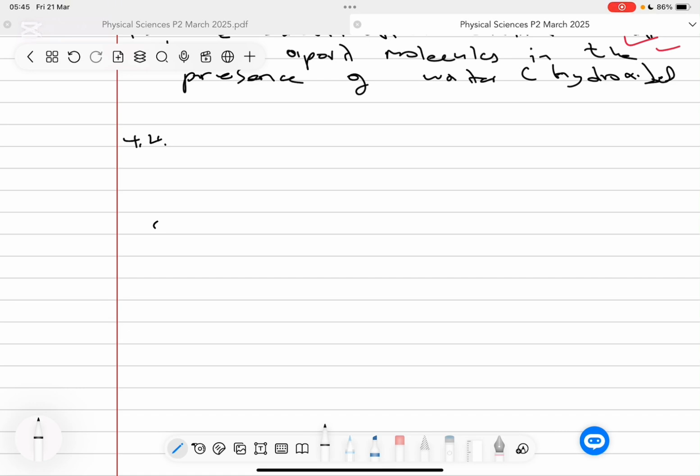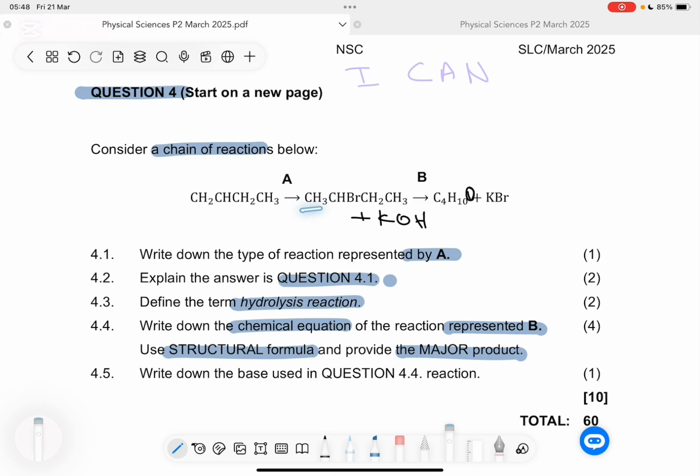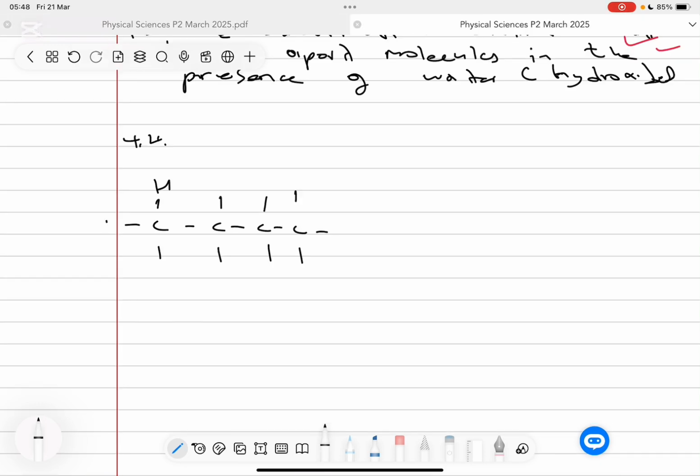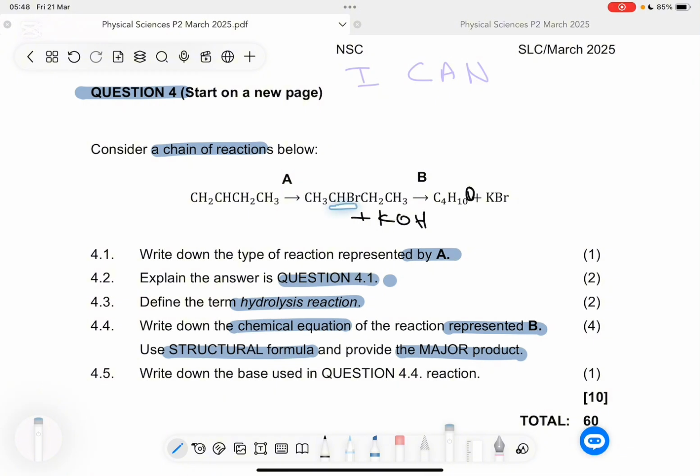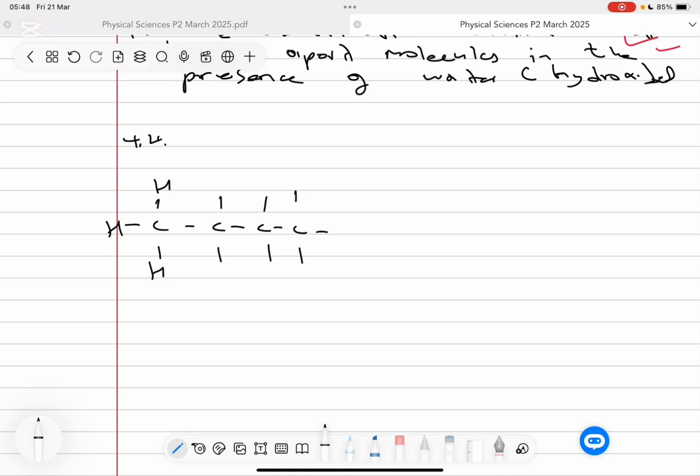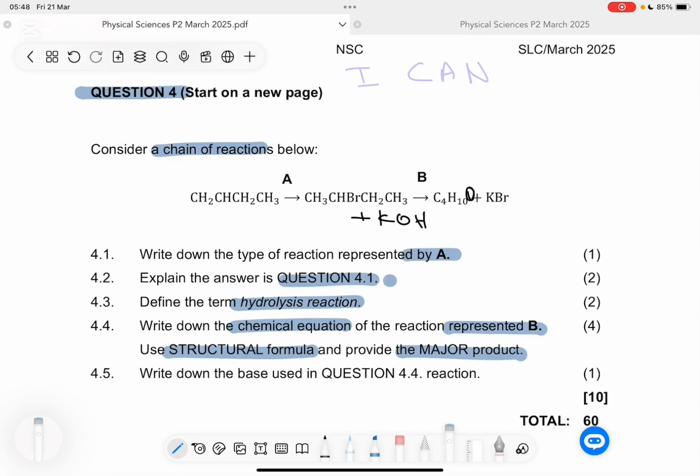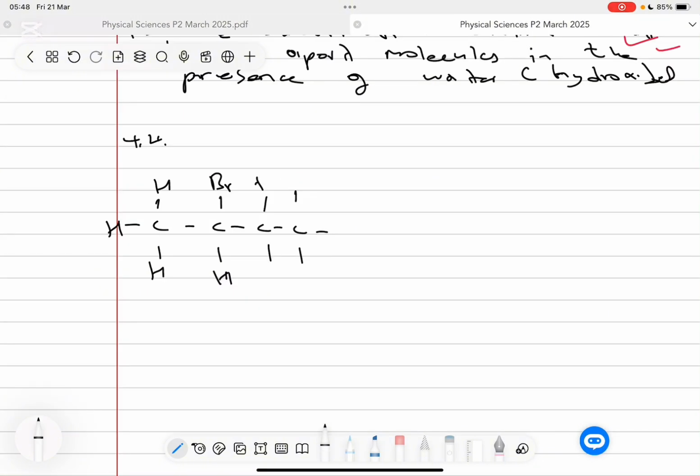I'll start with these 4 carbons, and then put in my hydrogen atoms, starting with 3 hydrogen atoms, so I'm going to have an H here. In the second part we have a hydrogen and a bromine, so I can put the bromine here and the hydrogen here, and we have 2 of these, so that should be that carbon there, and lastly we have 3 of them there at the end.